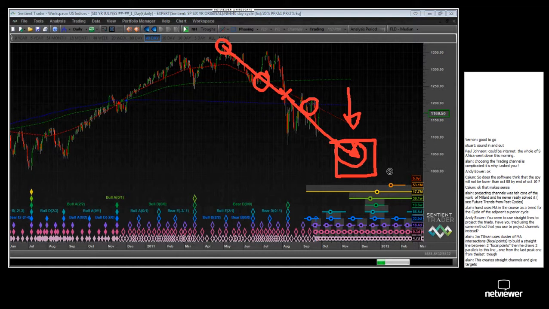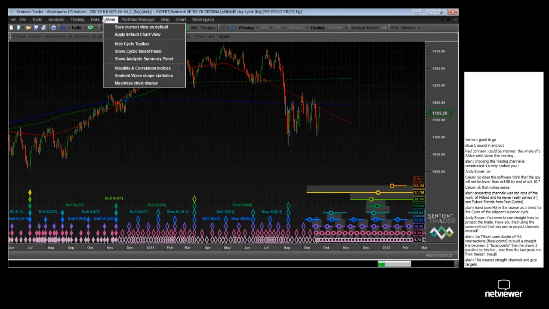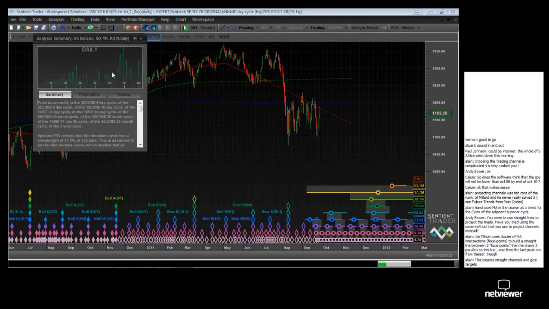Callum asked earlier, does that mean that Sentient Trader thinks that the market is going to be higher in 2012 than 2010, or whatever his question was? And I said no, because it uses channels very little, but it does use triads and refined FLD projections very much.